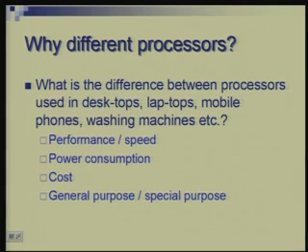General purpose means that you do not a priori know what kind of application it is going to be used for. So, a desktop computer, for example, may be used for a PowerPoint presentation at one point of time, next time it may be used for emailing, and yet another time it may be used for listening to music. Whereas, a special purpose computer, for example, one let us say in a mobile phone, has a very specific task.